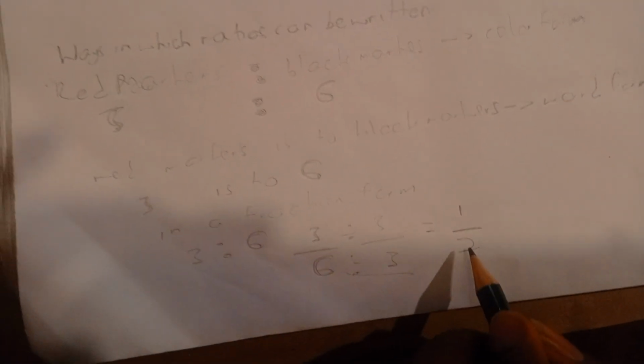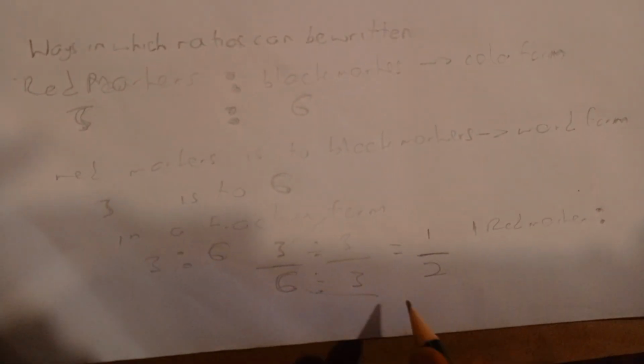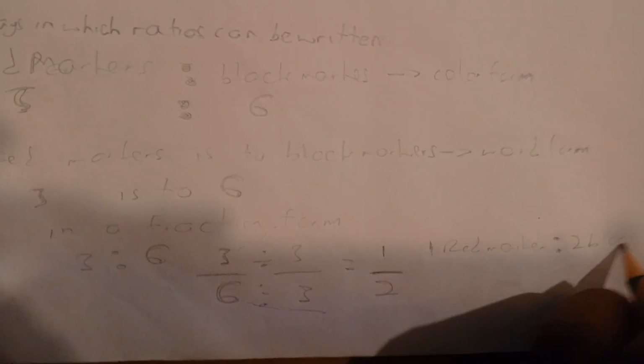So this can also be the ratio. So 1 red marker would be compared to 2 black markers.